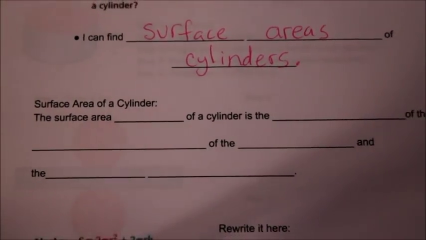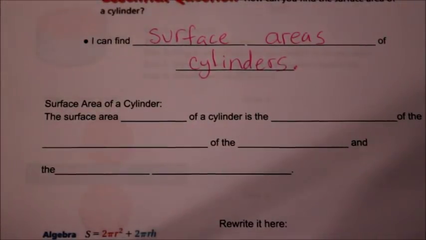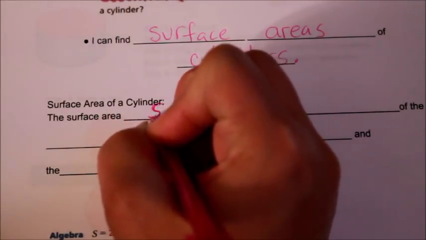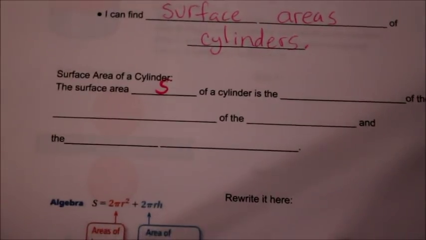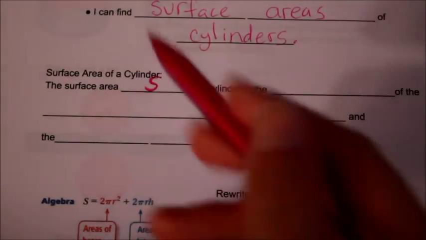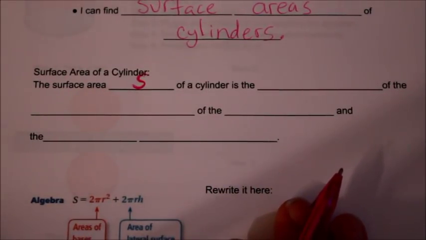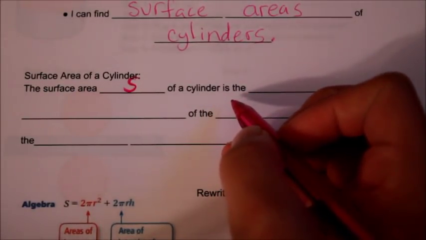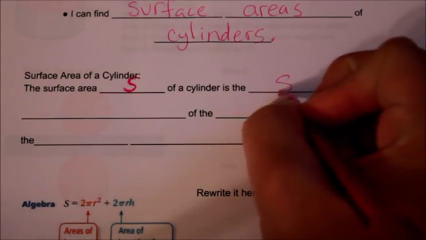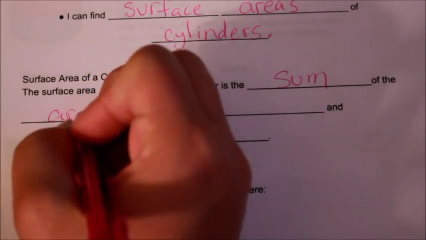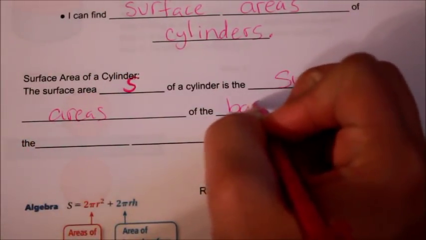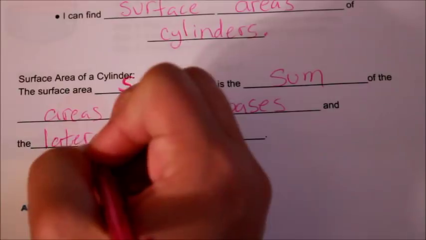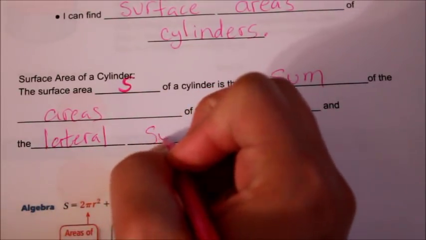Alright, the surface area of a cylinder, the definition for it. The surface area, represented as our capital S, so we're just going to write a capital S in here, just like we did for the other shapes when we were finding surface area, our prisms, is the sum of the areas of the bases and the lateral, here's the word that's different, surface.